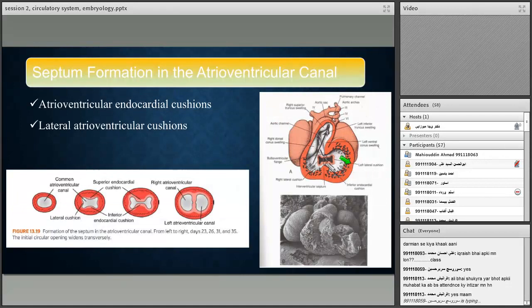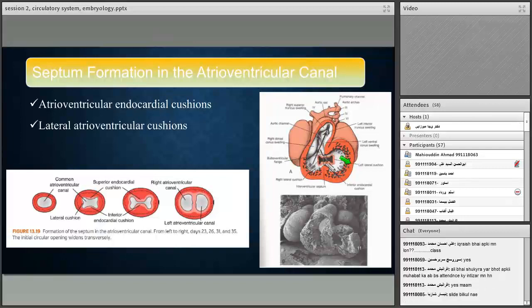Slide number 11. Septum formation in the atrioventricular canal.